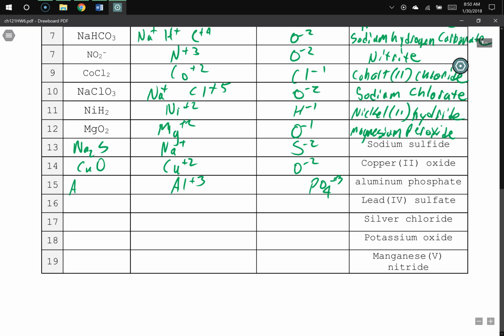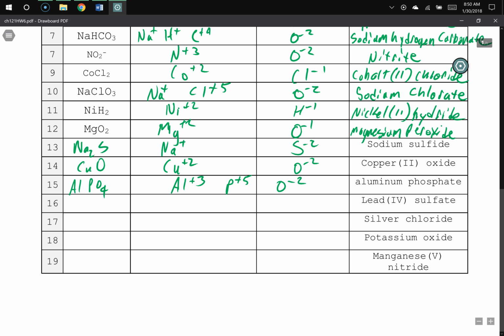So the formula here is AlPO4. That's it. But I asked for all the anions and cations, so now I'm going to have to disassemble this phosphate group. I'll put a phosphorus over here and an oxygen here. And the oxygen's charge is -2. So what's the phosphorus's charge got to be? +5 again.